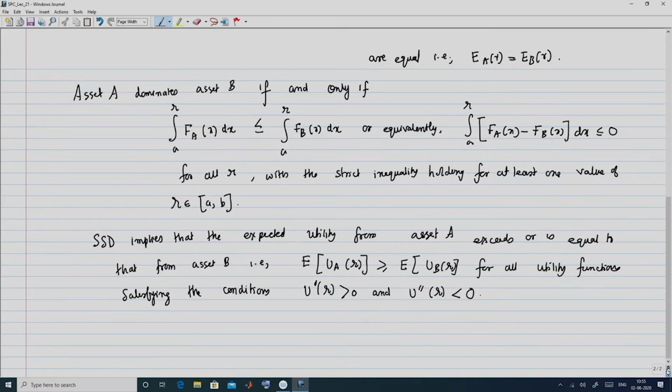Alright, so next we do the proof of SSD.